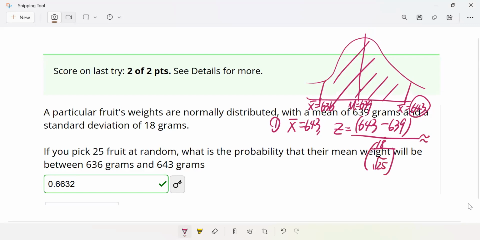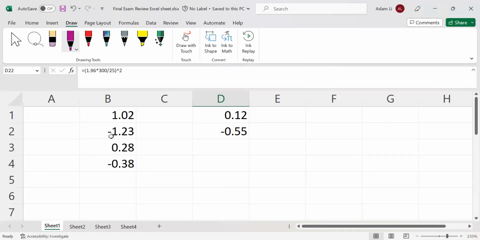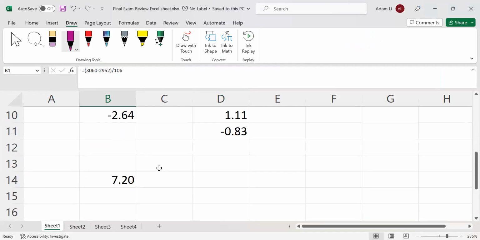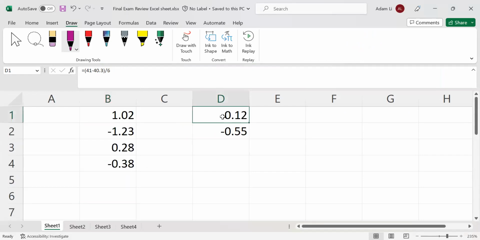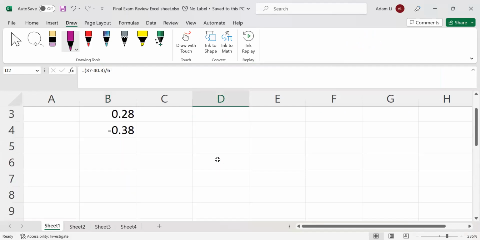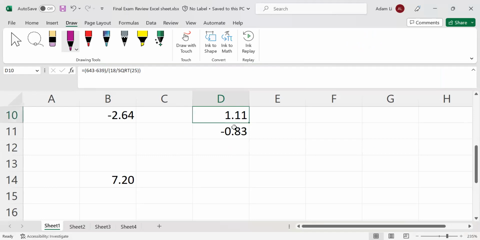Now remember, we get the z-score for this one. I still have the numbers in the Excel sheet. Let's go back. Yeah, this is the one.